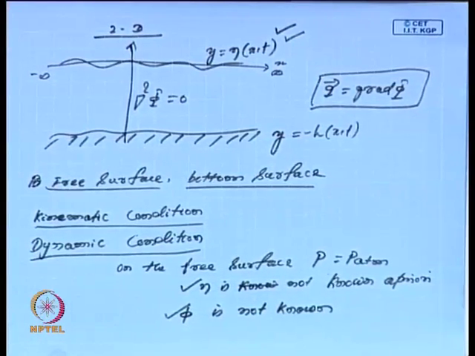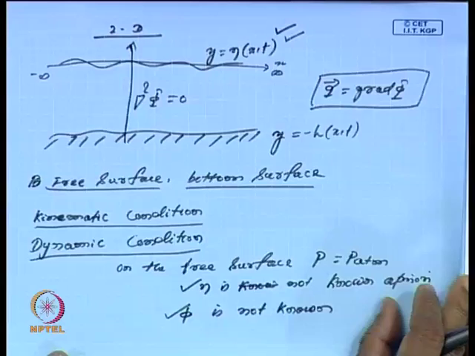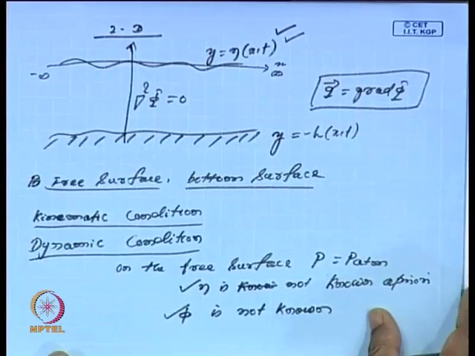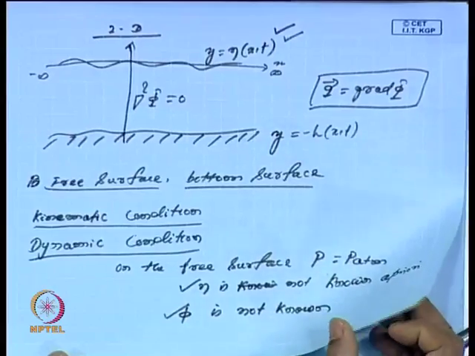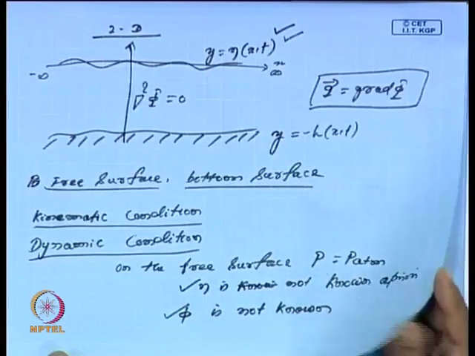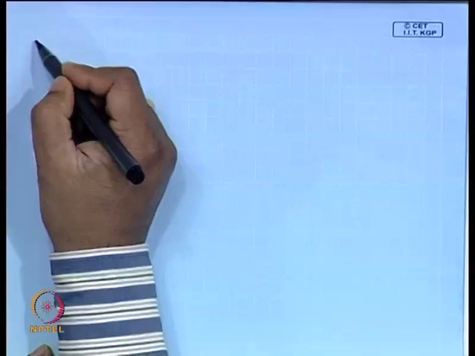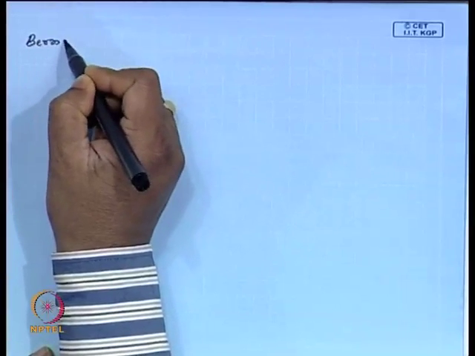So, in the dynamic condition you have on the free surface P is P atmosphere. Since I assume that the fluid is incompressible, irrotational and inviscid, already we have taken care of that. For an incompressible irrotational flow, the equation of motion is nothing but Euler's equation of motion, and that equation reduces to Bernoulli's equation for the determination of pressure.